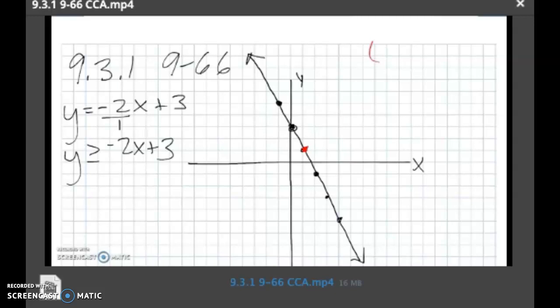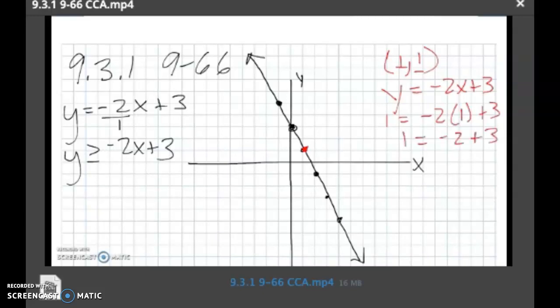I'm going to substitute that point that was on my line, the point 1, 1, into my equation and see what happens. So y is 1, and x is also 1. And I'm going to see what happens when I solve. I get that 1 equals 1, okay, which is a true statement.